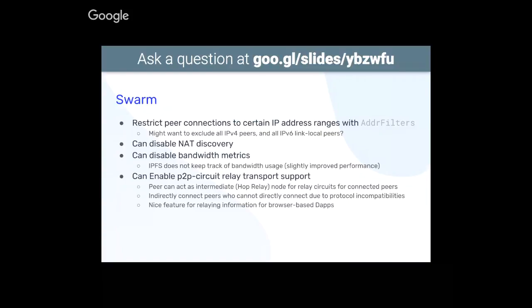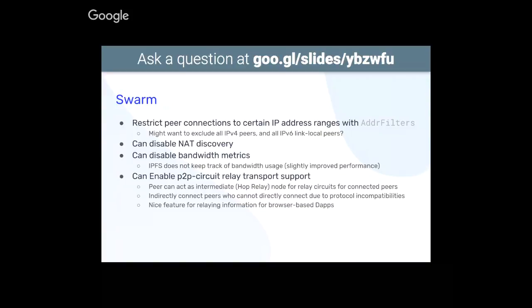So maybe you want to use this config setting, which is empty by default, to restrict peer connections to certain IP address ranges. For example, you might want to exclude all IP4 peers and all IP6 link local peers to avoid connection issues that you might have.